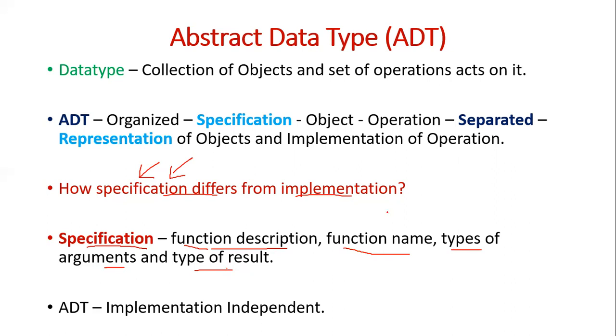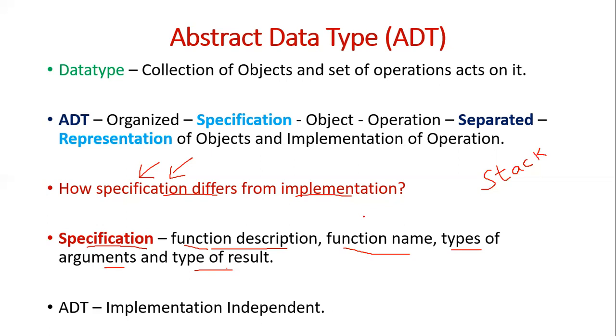In a simple case, assume that you have a data structure called stack. The function description will be: stack is a data structure which is used to perform something called last in first out.